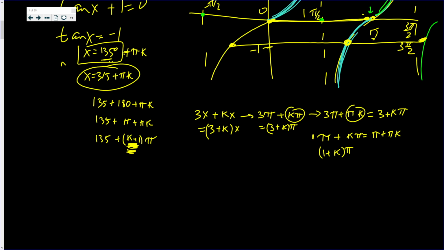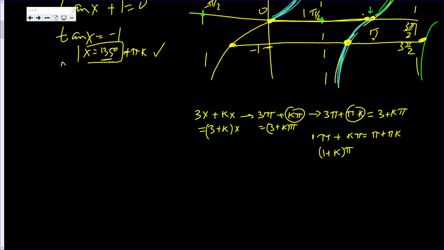This is the same as this one up here. You don't need to go other than from 0 to pi. And the only time that tangent of x is equal to -1 is at 135.